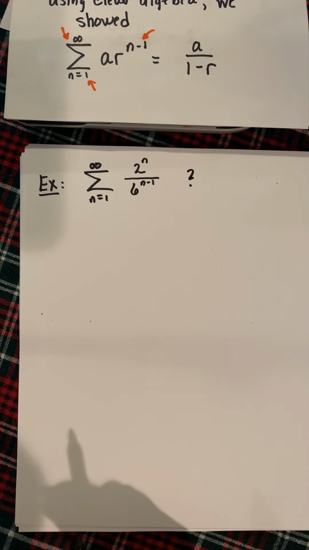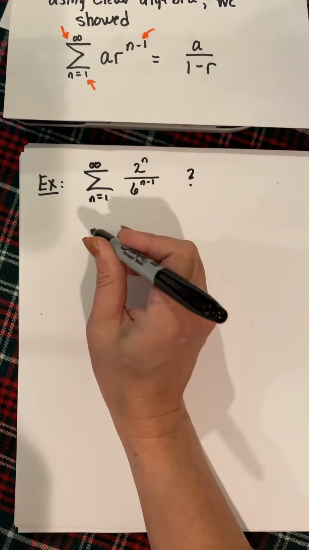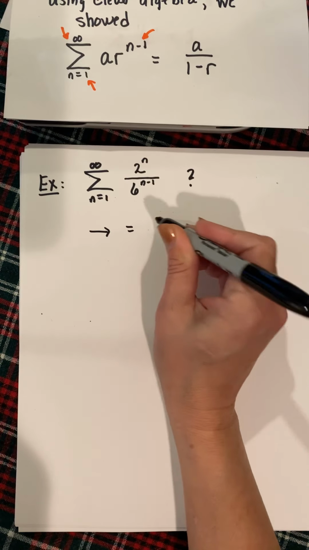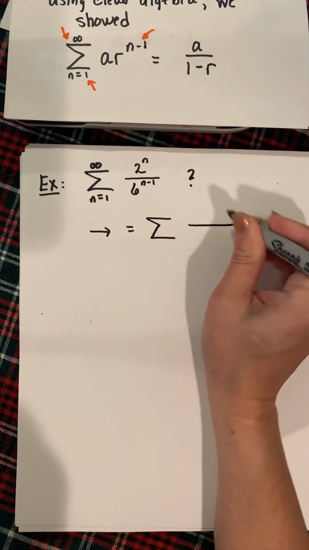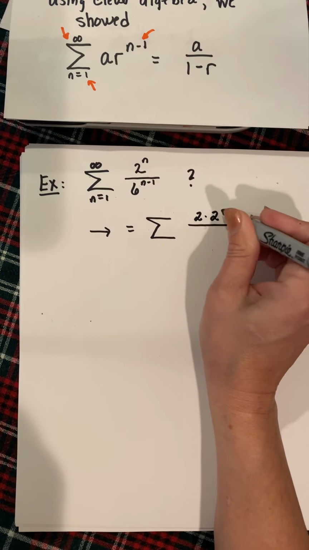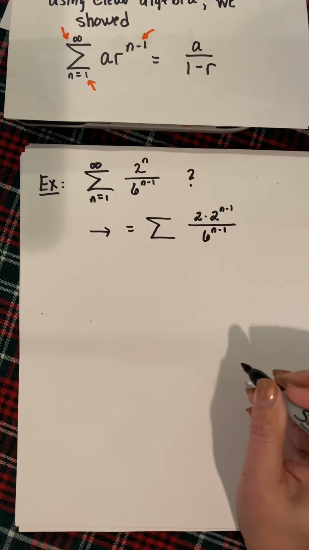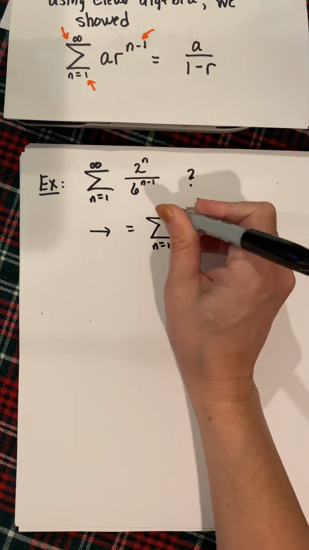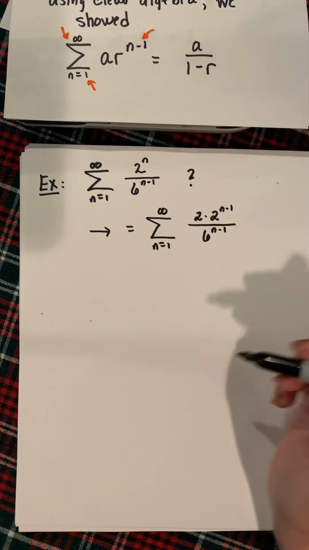All right, well, let's think about this. I want to change this to n minus 1. So this is equivalent to, remember, to reduce the power, we can make this 2 times 2 to the n minus 1, all over 6 to the n minus 1. Because 2 times 2 to the n minus 1 is just 2 to the n, which we have there.